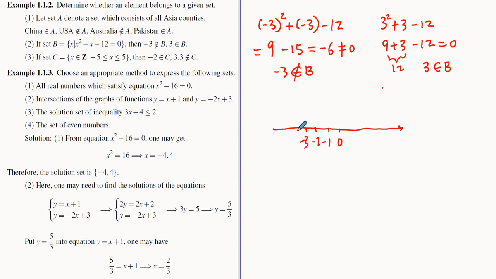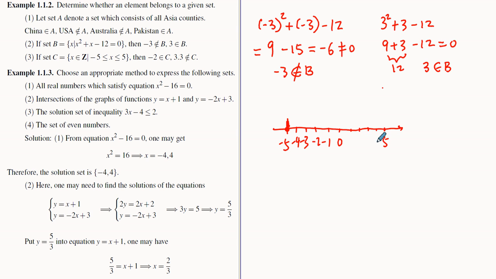negative 3, 4, 5, and then we can see here negative 5, which is included: 1, 2, 3, 4, 5.